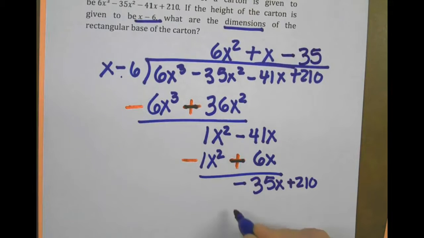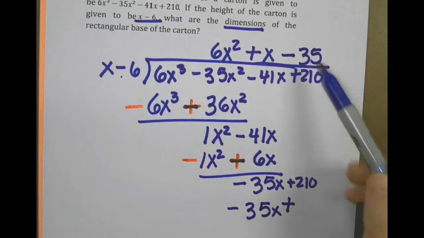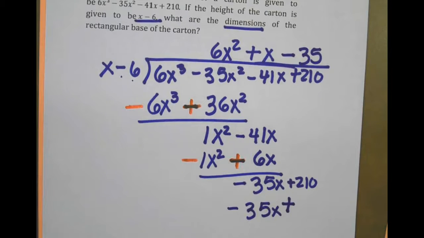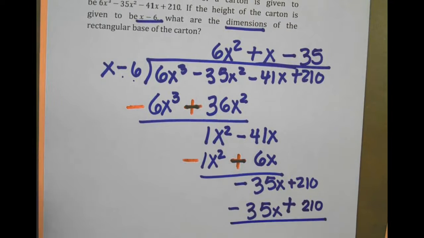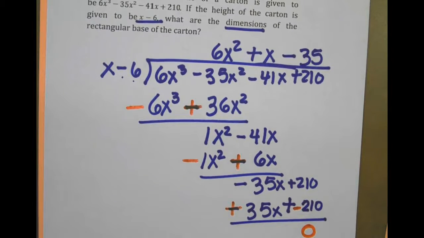Negative 35 times x. Negative times negative would make a positive. 35 times 6 is 210. Change signs and add up the column, and the answer is 0.